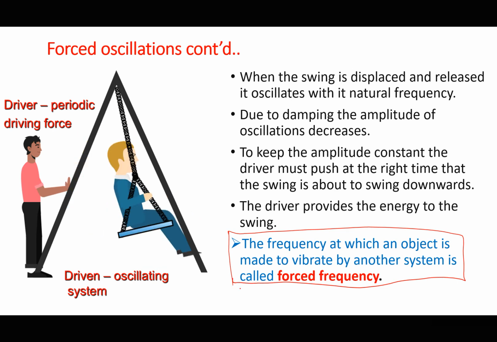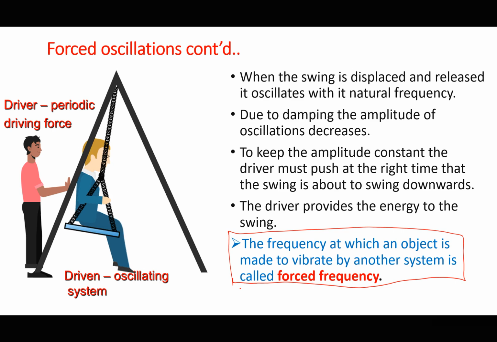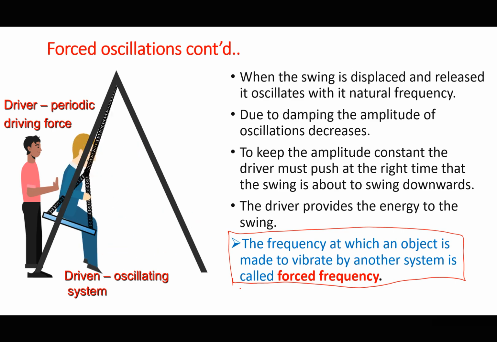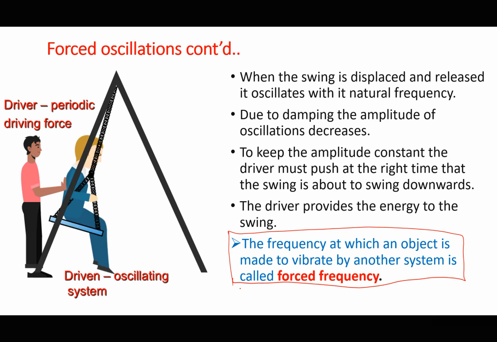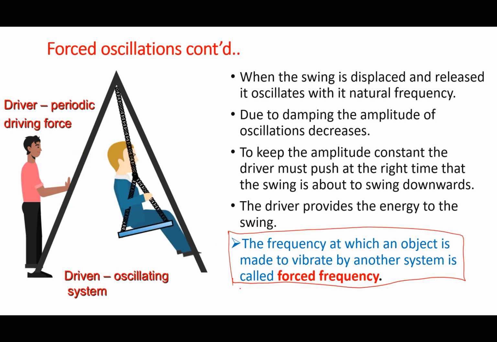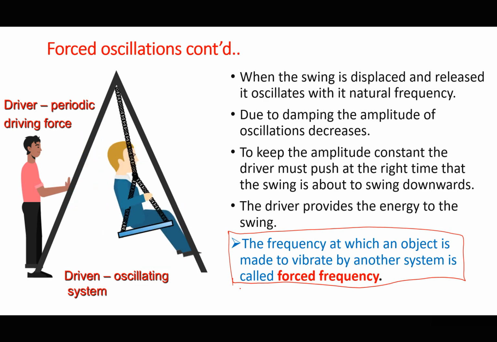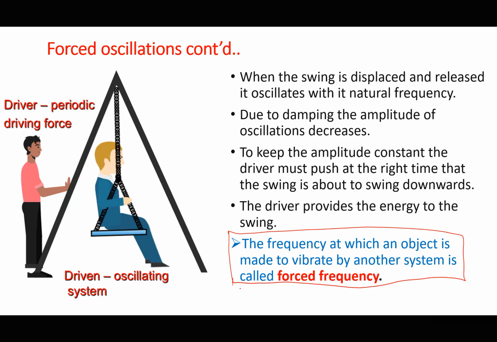For natural frequency, it is the frequency with which an object oscillates if it is free to do so with no loss or gain in energy. For forced frequency, it is the frequency at which an object is made to vibrate by another system.